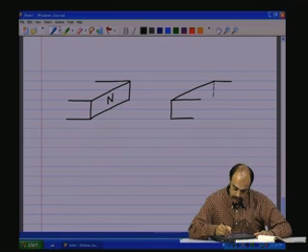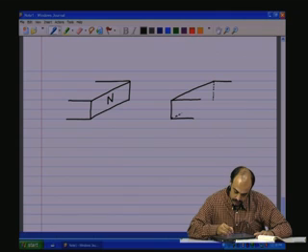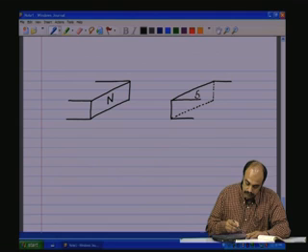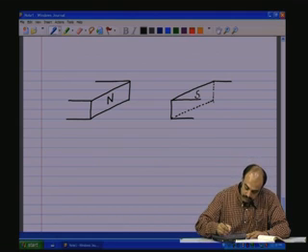So, this is our south pole. So, you have flux lines from north to the south.